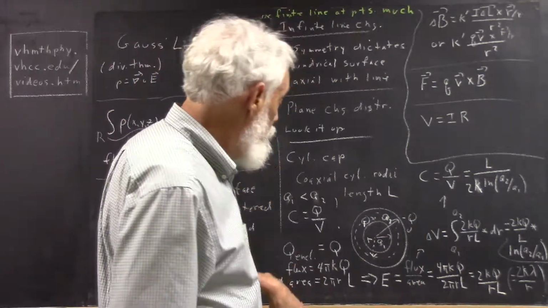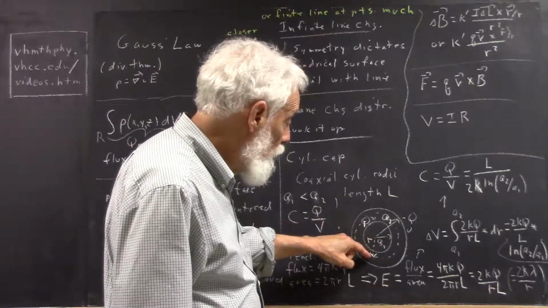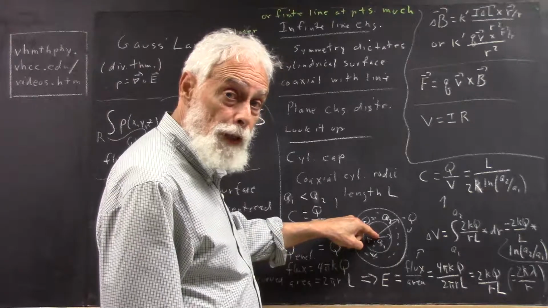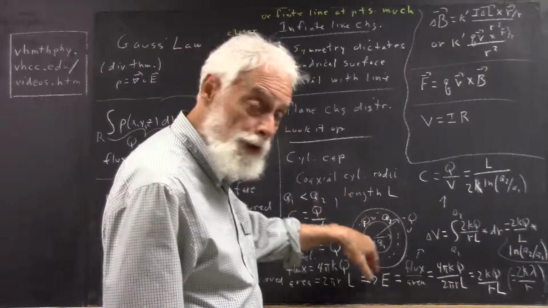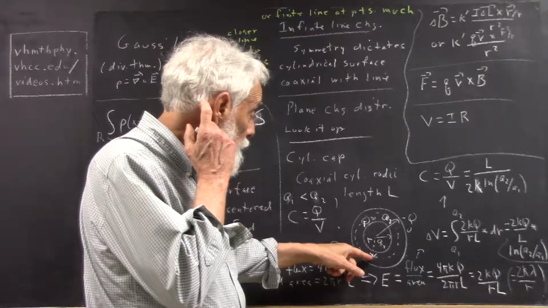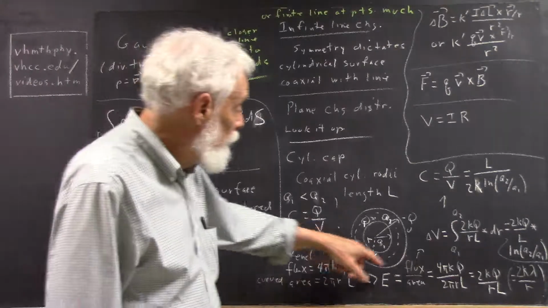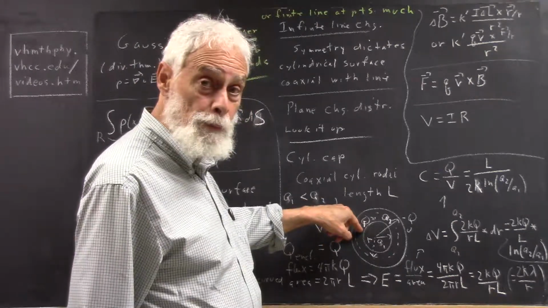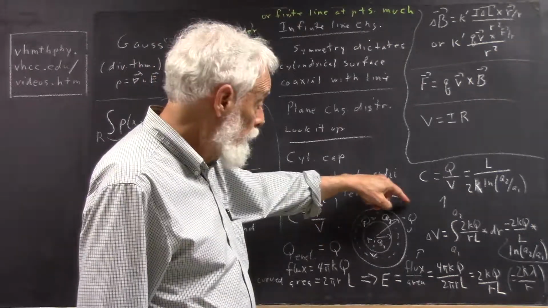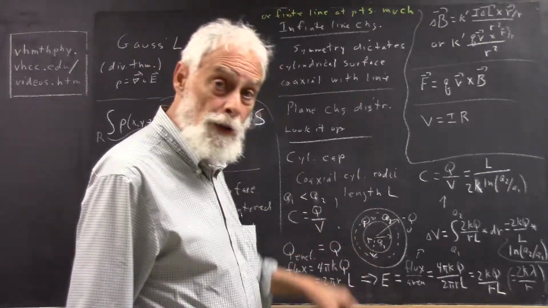And we can draw a Gaussian surface at some distance r from the axis, in other words, a cylinder, as we discussed a minute ago. Draw that cylinder at a distance r from the axis. That cylinder encloses the charge Q. It doesn't enclose the charge minus Q, it just encloses the charge Q because it's in between the two cylinders.